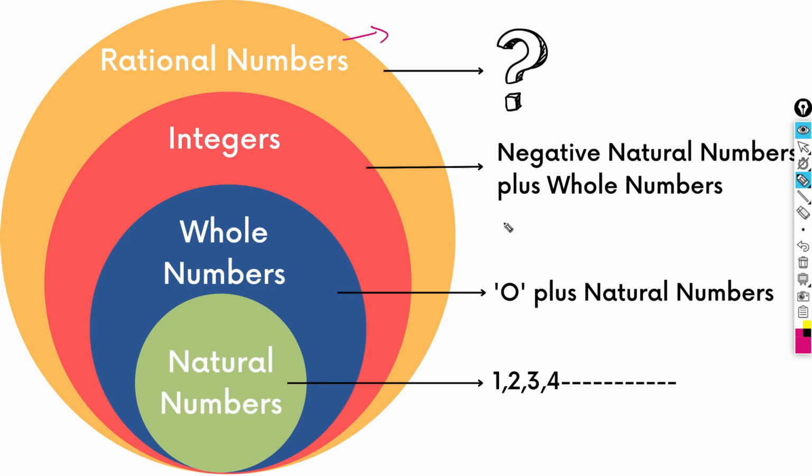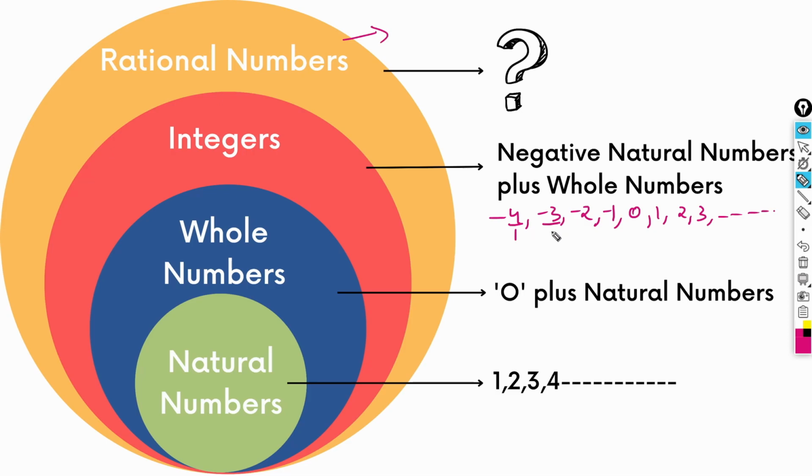How? See, integers are minus 4, minus 3, minus 2, minus 1, 0, 1, 2, 3 and so on. So these are not in the form of p by q, right? And we have learned that rational numbers should be in the form of p by q. So how are integers rational numbers? Because minus 4 can be written as minus 4 by 1.